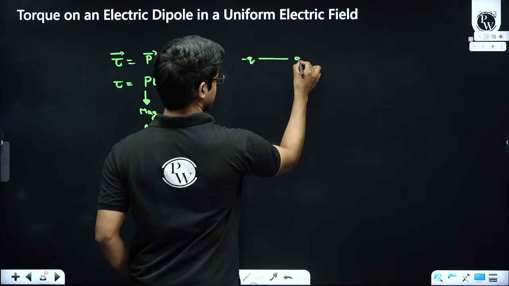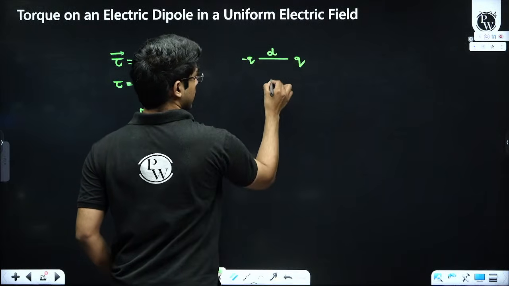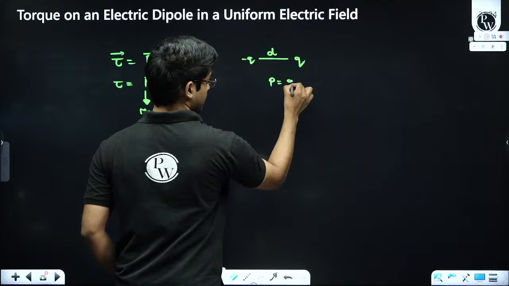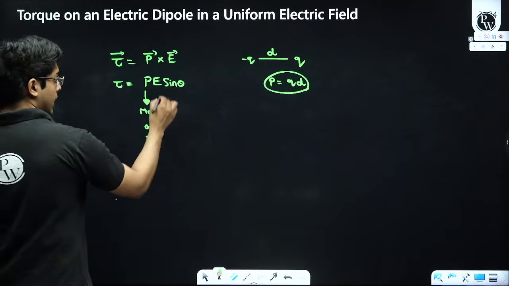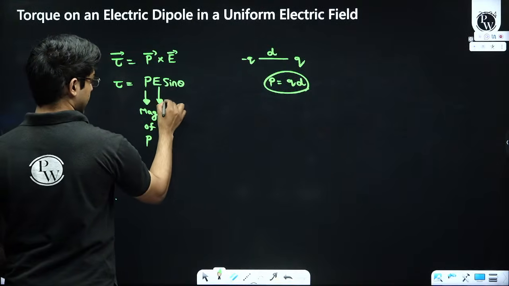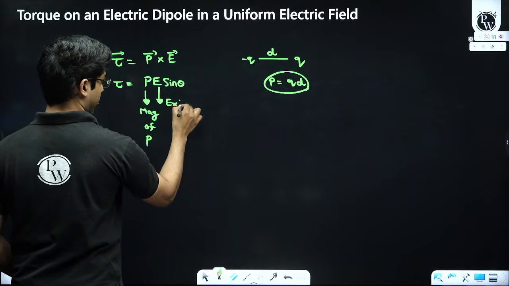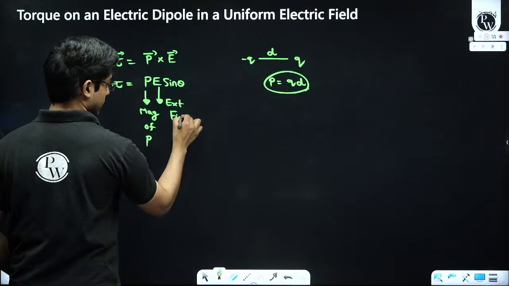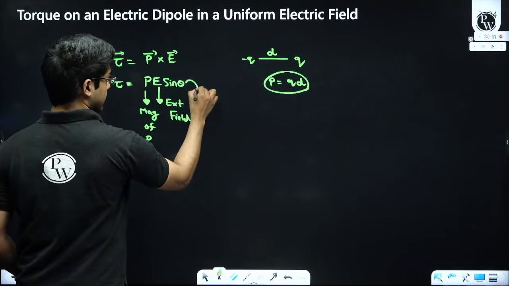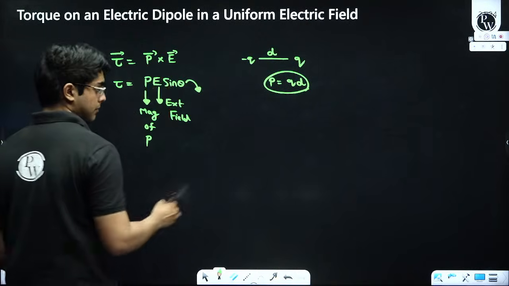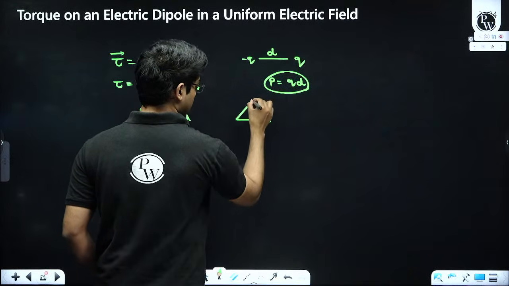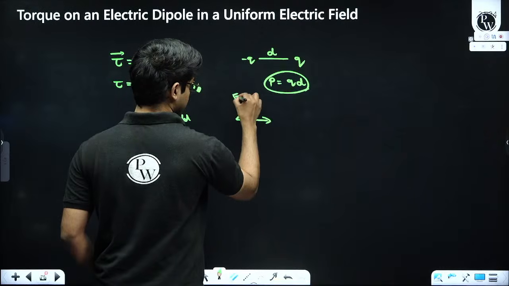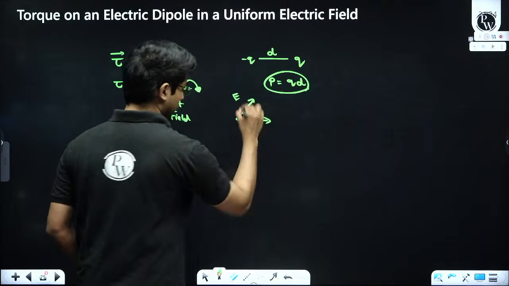So if the distance between the charges is d, then the dipole moment is Qd. Electric field is given to you. This is the external electric field, and this angle theta is the angle between P and E. If the dipole moment is in this direction and the electric field is in this direction, the angle is also given, right? 30 degree.